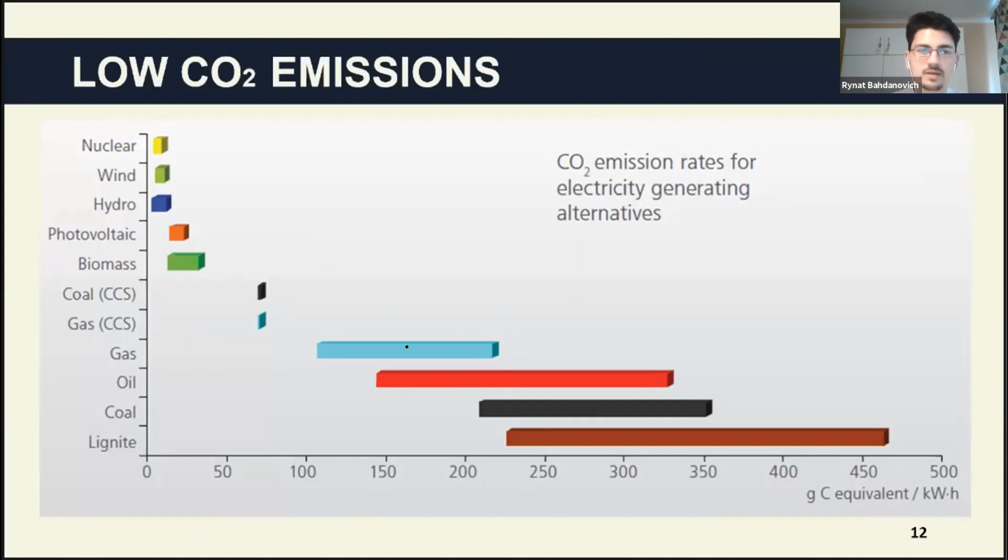But where do they come from if these plants don't usually emit gases into the atmosphere? Wind plants don't even have chimneys. All these emissions of CO2 are associated not with the plant's operation, but with the production of the materials they are made of.